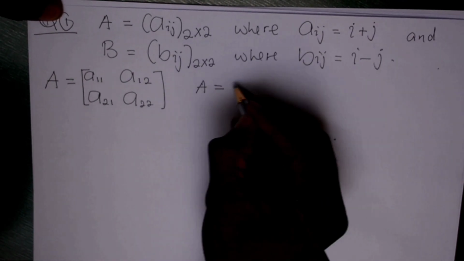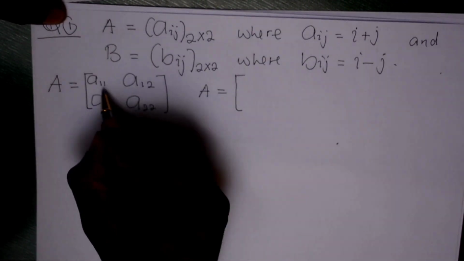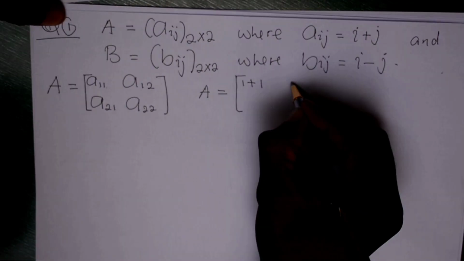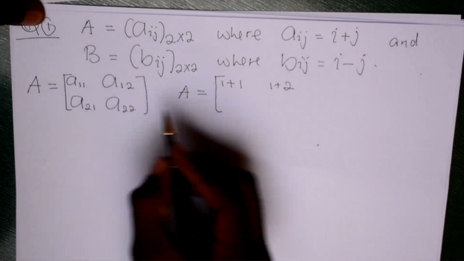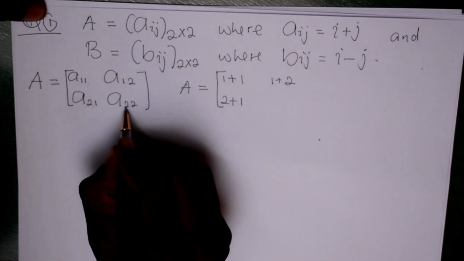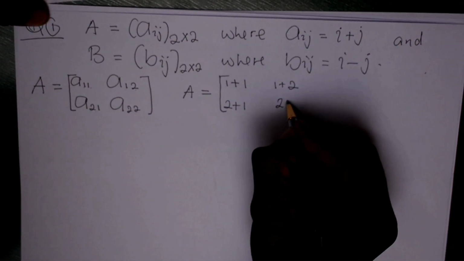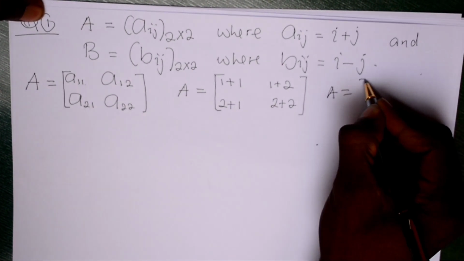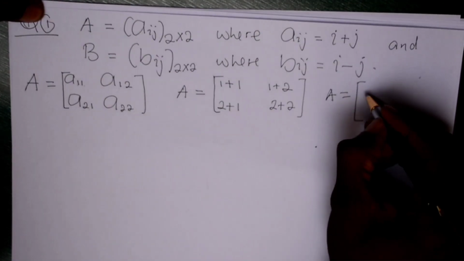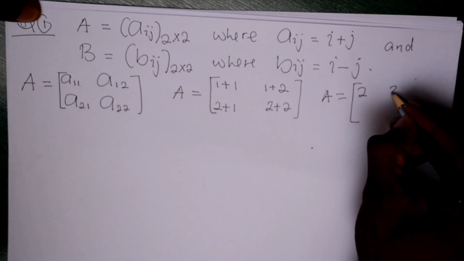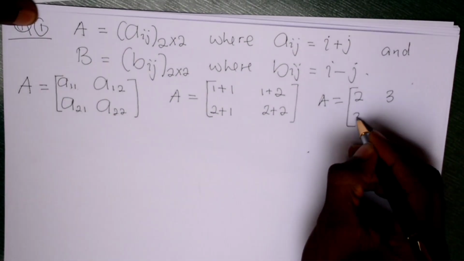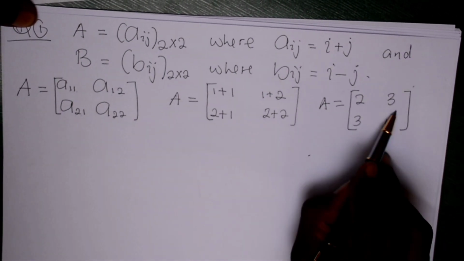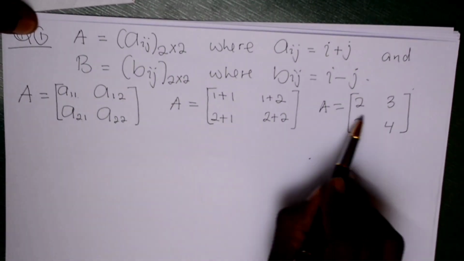So now A will be equal to 1 plus 1, 1 plus 2, 2 plus 1, 2 plus 2. So now the A matrix will be 1 plus 1, 2; 1 plus 2, 3; 2 plus 1, 3; and 2 plus 2, 4. So this is the matrix from this statement.